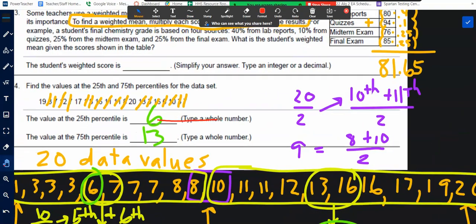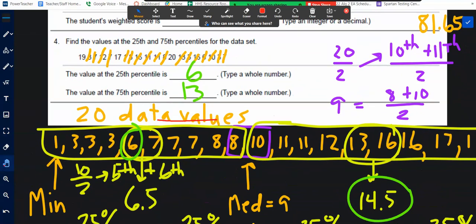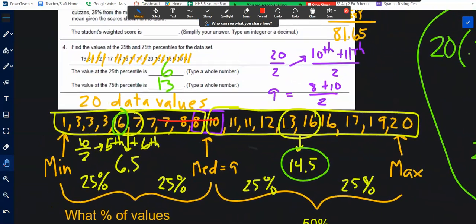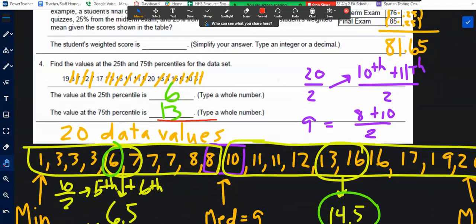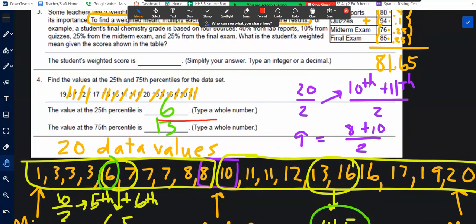Okay. There's two different ways to do this next question, and the only reason there's a second way to do it is because the percentiles were 25 and 75.